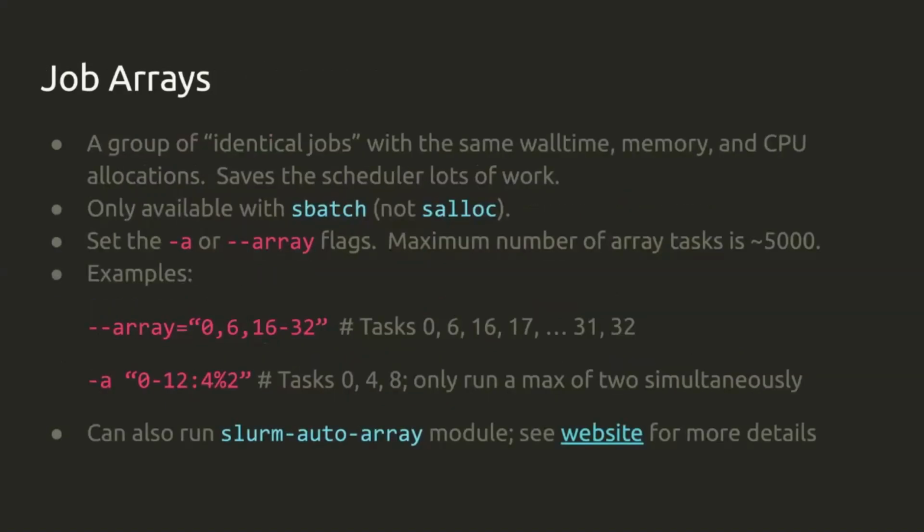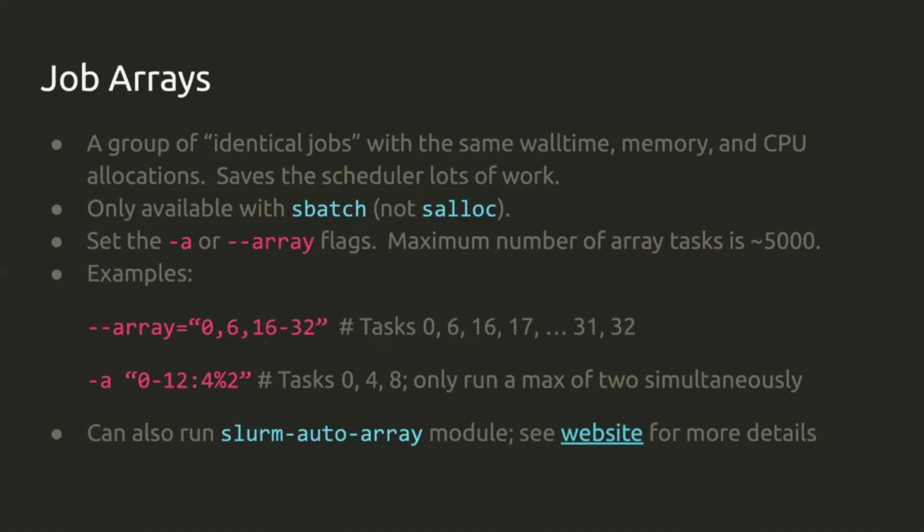Another super helpful thing that I want to make sure we cover today is job arrays. Let's imagine that I have an embarrassingly parallel problem. I have a lot of chunks of work to do on this problem. Maybe I'm trying to optimize something and I have a bunch of different groups of parameters I want to iterate over.